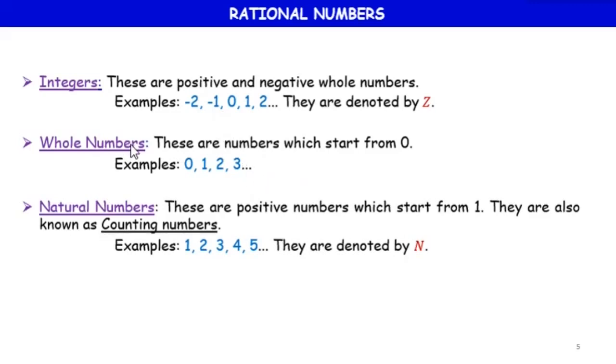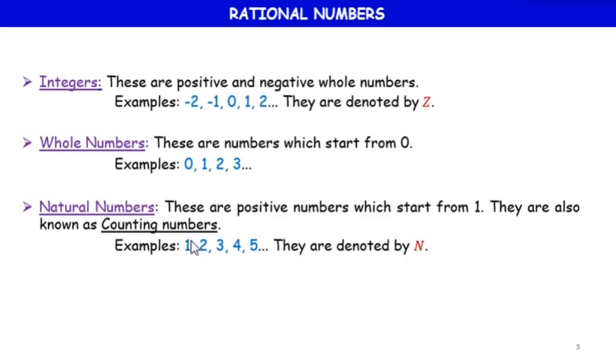Yes. Okay, let's look at natural numbers. By the way, we don't have artificial numbers. So natural numbers are positive numbers or integers which start from 1. They are also known as counting numbers.